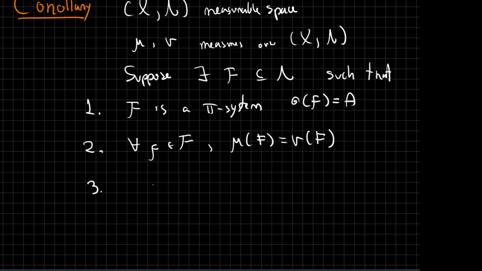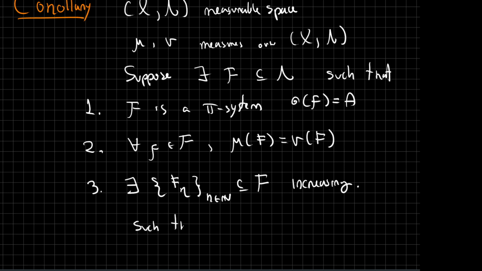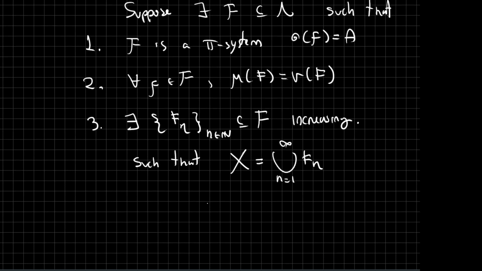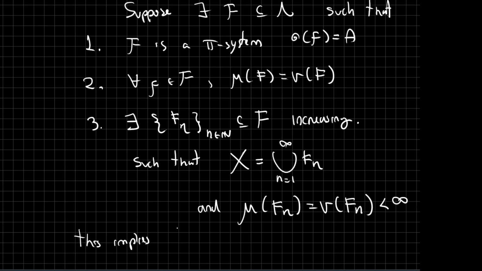And the last condition tells us that there exists some countable increasing sequence inside of F such that X is equal to the countable union of all of those elements, and the measures of these two things coincide and are finite. So this implies that both measures are the same.